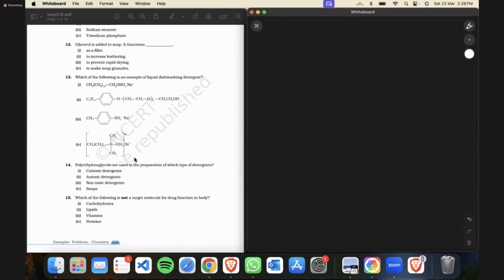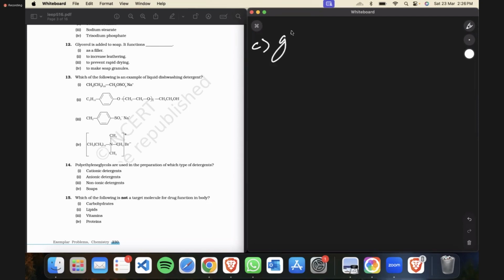It functions as what? So glycerol is added to soap. It functions as a filler, to prevent rapid drying, to make soap damage-free. So option C is correct.